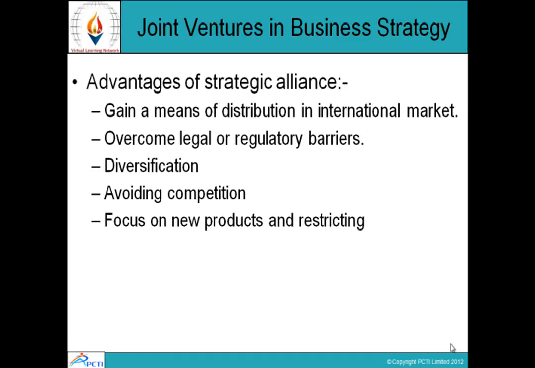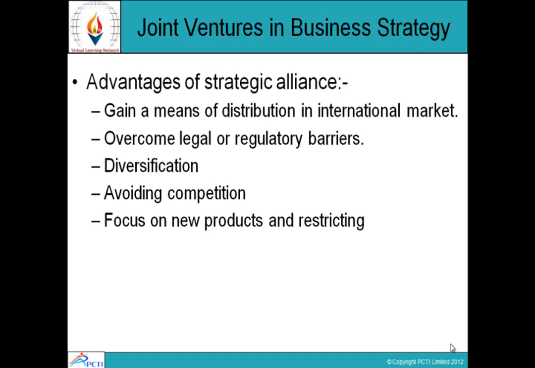Now, if a firm's history is not of producing a particular product and it wants to venture out into a new product, a joint venture or strategic alliance with another firm proves very beneficial. It helps in diversifying, and more so when two or more firms get into a mode of strategic alliance, the chances of competition are reduced because the prospective competitors have now joined hands and they are serving the consumers together and not in competition.